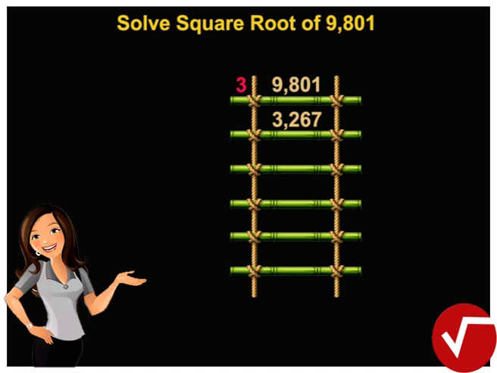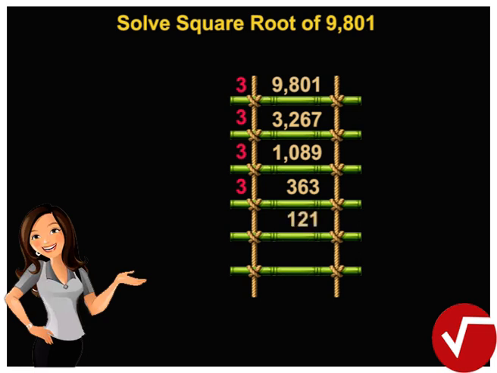Again, 3267 is divisible by 3 and it gives 1089. Write 1089 on the next bottom step of the ladder. This number is again divisible by 3 and gives 363. Write 363 on the next bottom step and write 3 on the left of the ladder. 363 is divisible by 3 and gives 121.